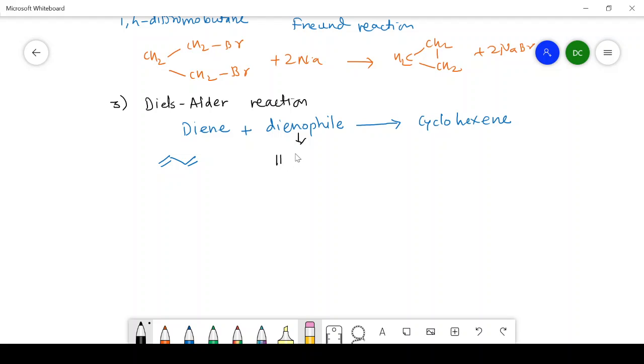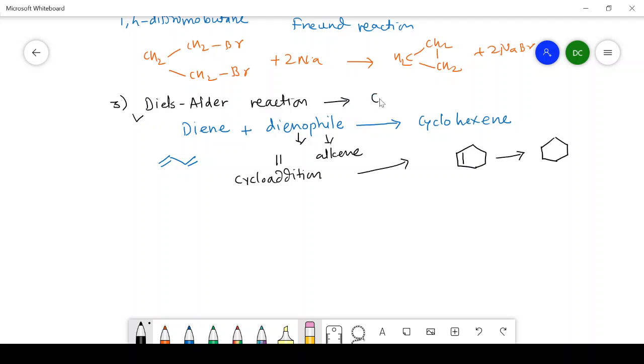So we have to keep in mind dienophiles are nothing but alkene compounds, and these two compounds undergo cycloaddition reaction, and they are converted into cyclohexene derivatives. And these cyclohexene derivatives in the next step undergo reduction to form cyclohexane.